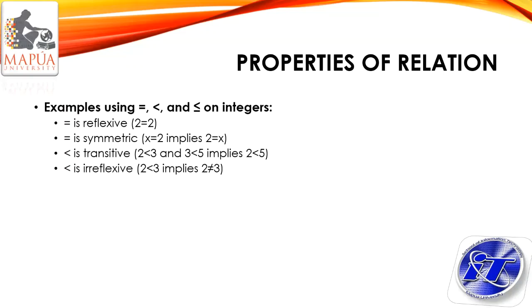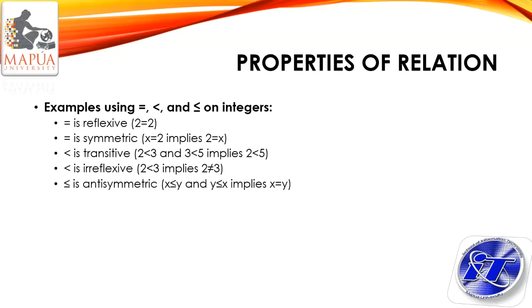And if we say transitive, okay, so we have the relationship 2 less than 3, and 3 less than 5. Through 3, we could say that 2 less than 5. So that's transitive. It means we are transferring the relationship from 3 to 2, and we say anything less than 3 will be less than 5.